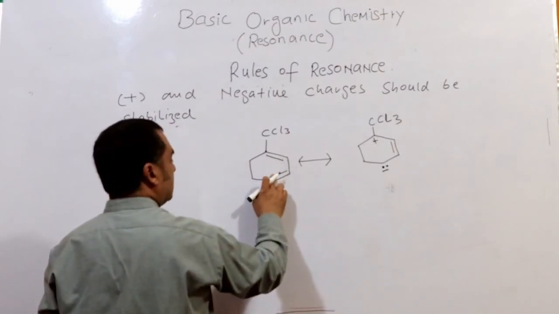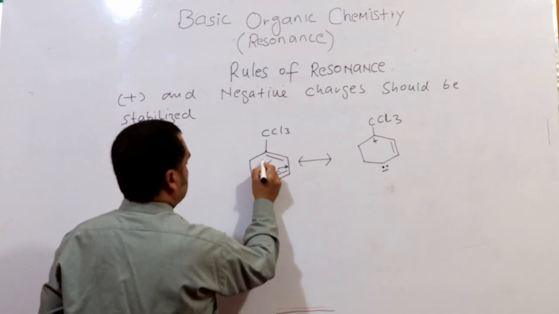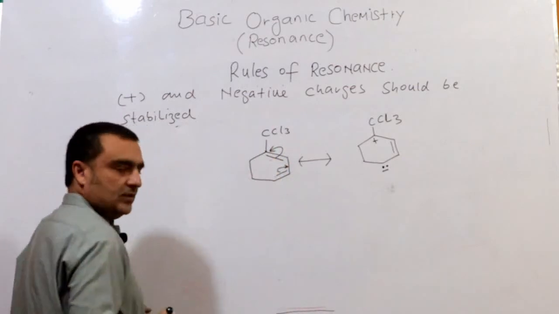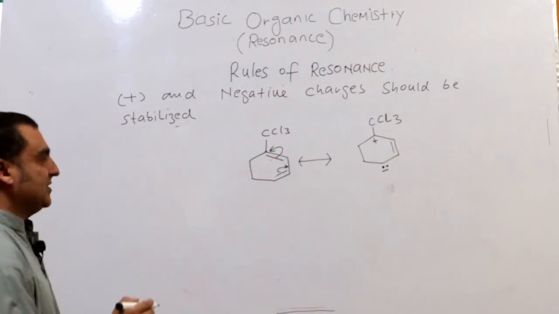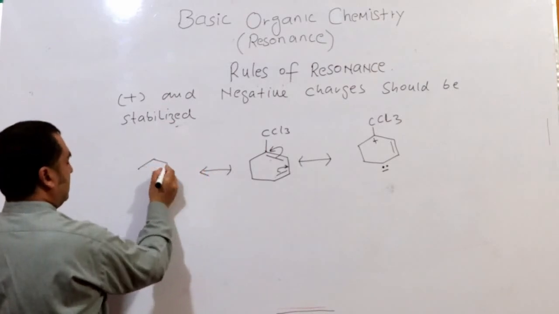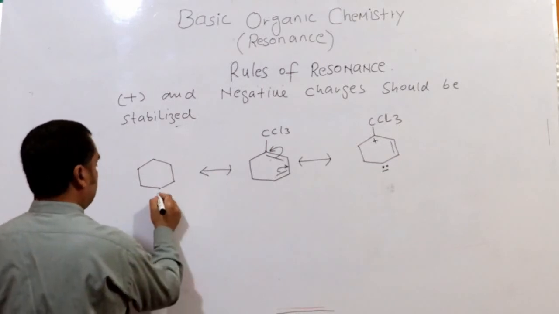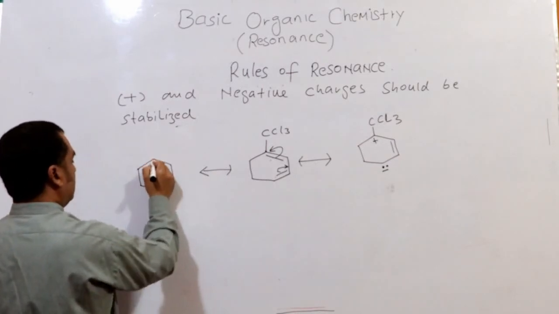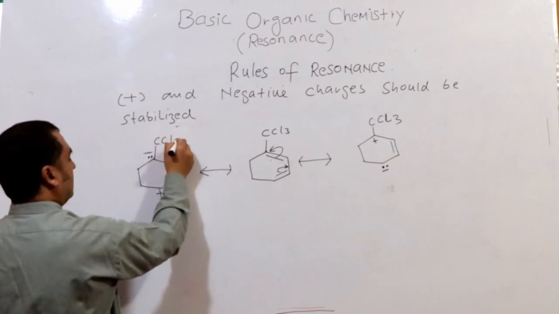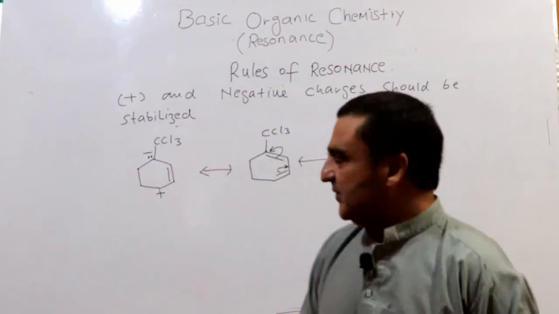Or in the other case, when both the electrons move like this and sit on, suppose it is very difficult to write from here, so it sits on this carbon. Okay, our aim is just to understand the things. Now these things become very easy for you.